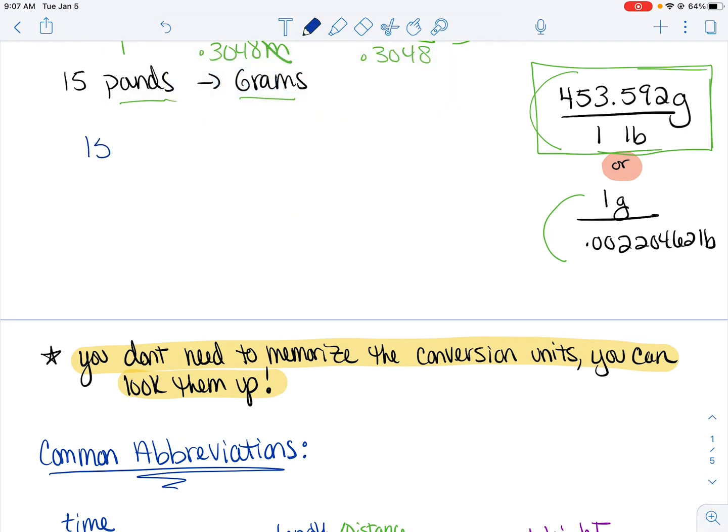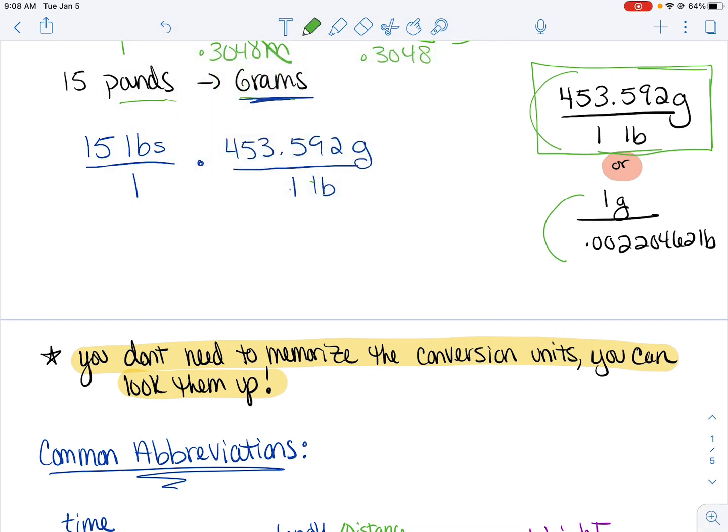So we'd have 15, the abbreviation for pounds is LB or LBS, over 1 times, this time, 453.592 grams. I put that in the numerator because that's what I want to end up with, over 1 pound.